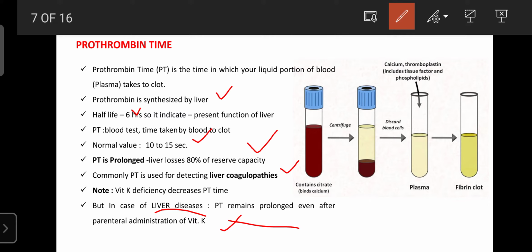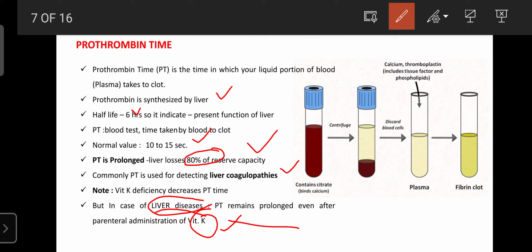If the PT is prolonged, then the doctor administers vitamin K, because vitamin K is required for the synthesis of the coagulation factors. In the case of liver disease, even when vitamin K is administered, the PT time increases. So that can denote severe liver disease where we can lose the 80% hope that can reverse the liver functions.